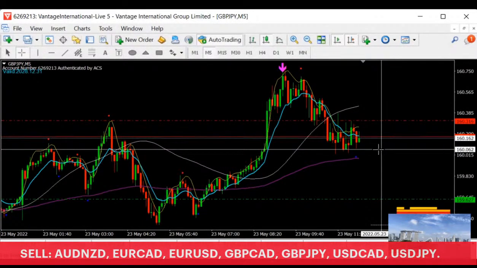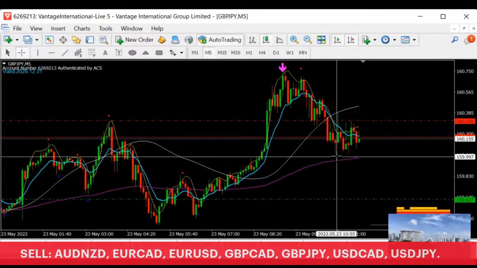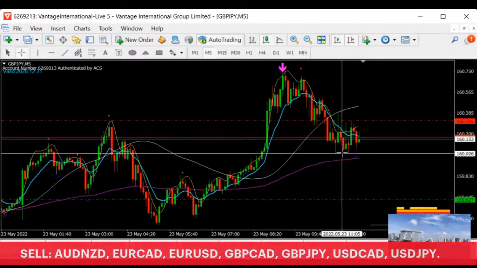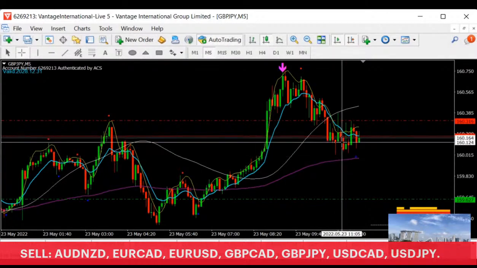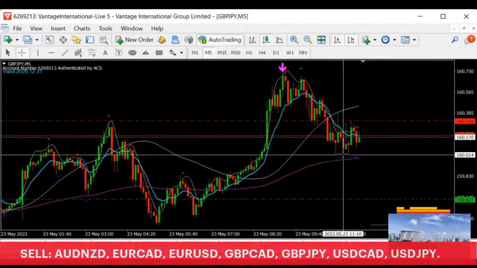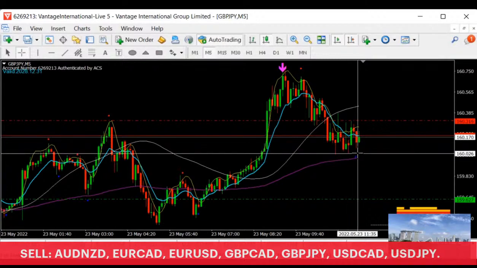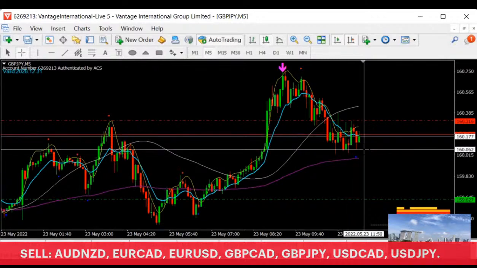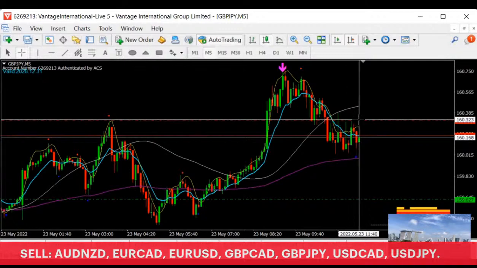So right now, as you can see, the support here has a lot of testing and rejection candles. You can see the red candle has a lower shadow, a lower wick over here. It shows that the support here is actually quite strong. Am I right? Now it's creating a lower resistance.